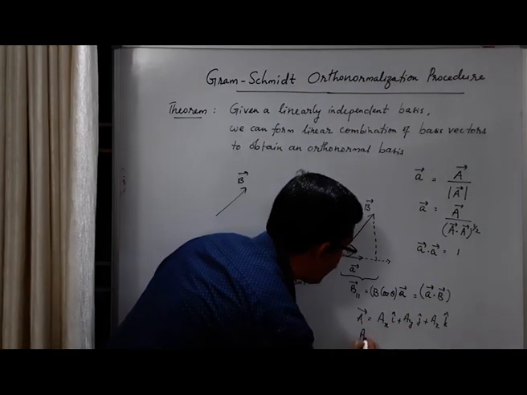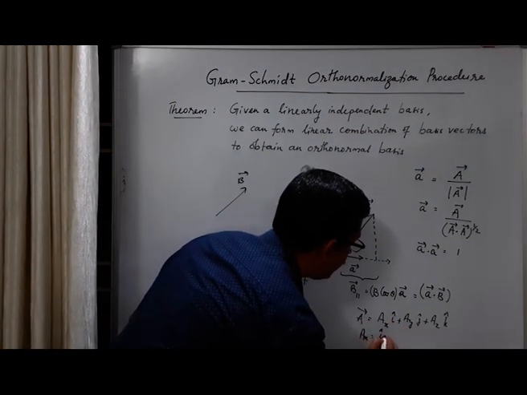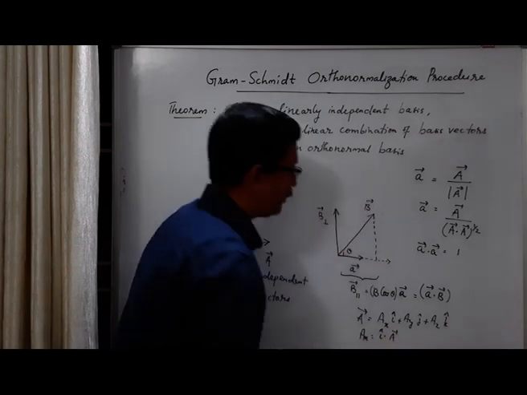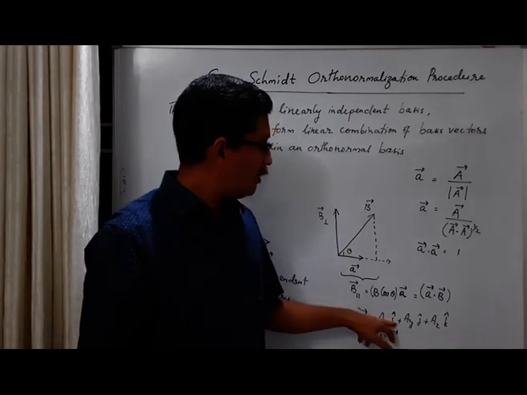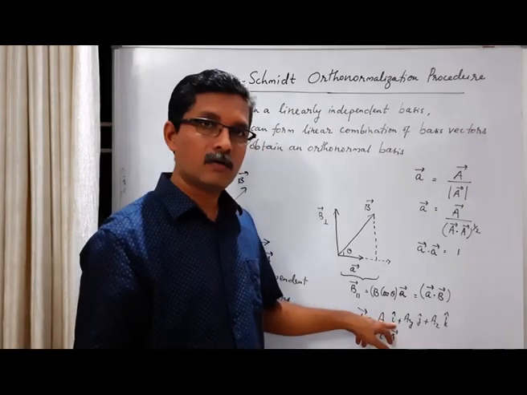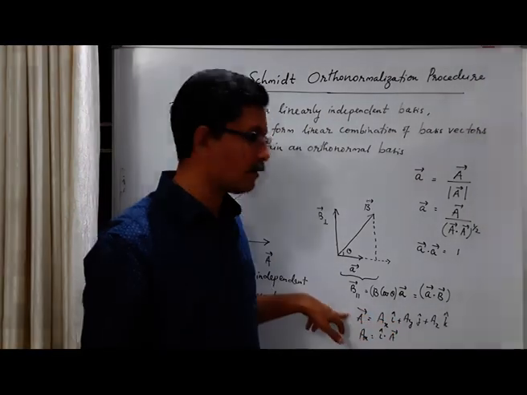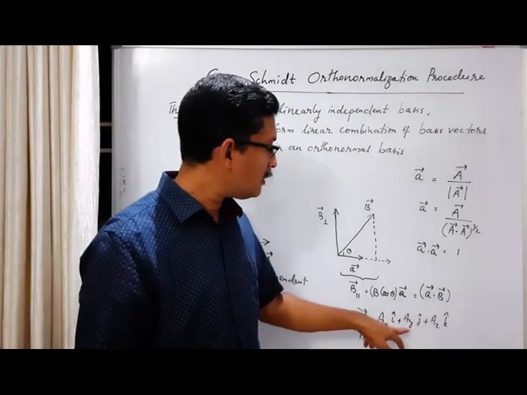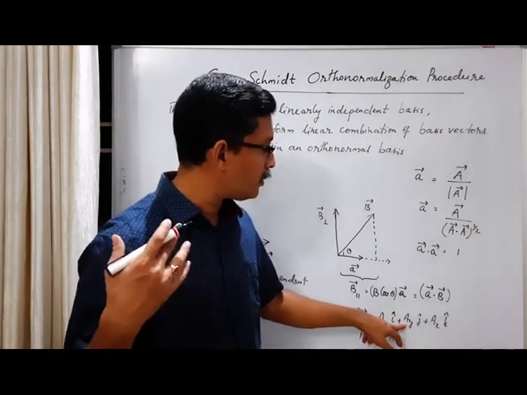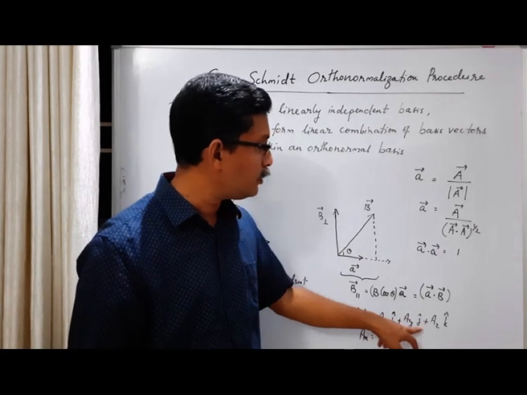This Ax is obtained by taking i dot A, the scalar product between this unit vector along the x-axis and the general vector. We get the component of the vector along the x direction. Similarly, in order to get Ay, the component of the general vector along the y direction, we need to take j dot A.